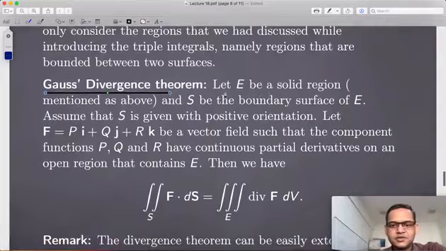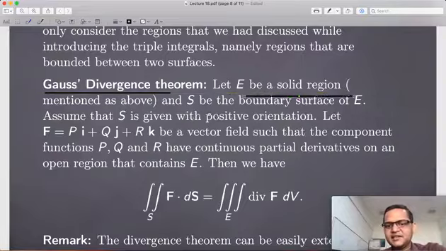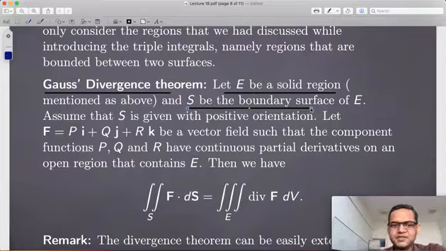So you consider such a domain or solid region in R3, and let us say that S is the boundary surface of this solid region. Of course you give the boundary the positive orientation.